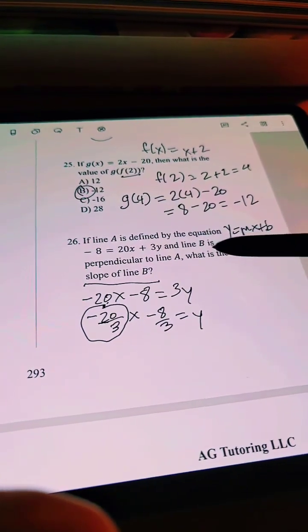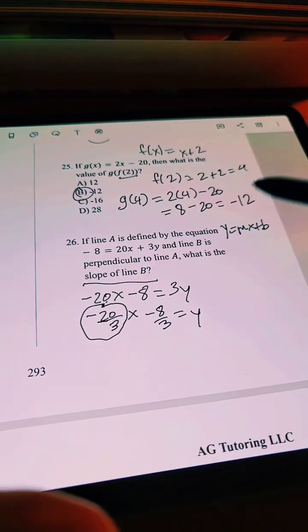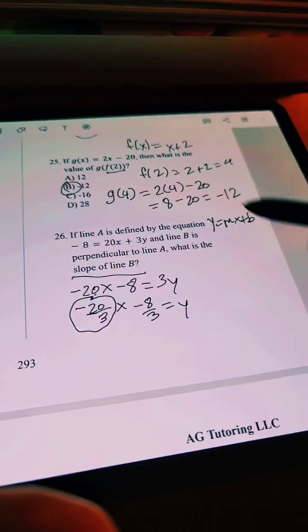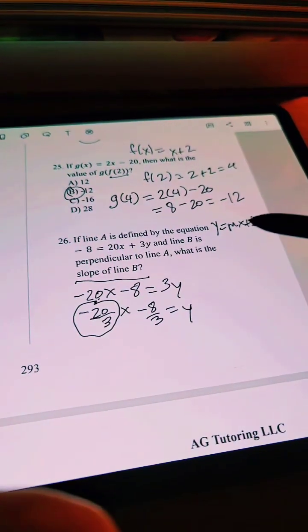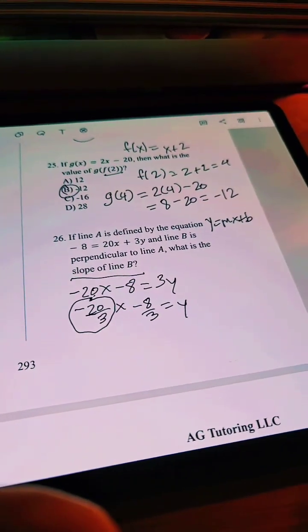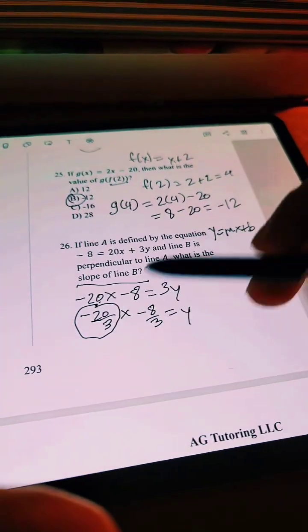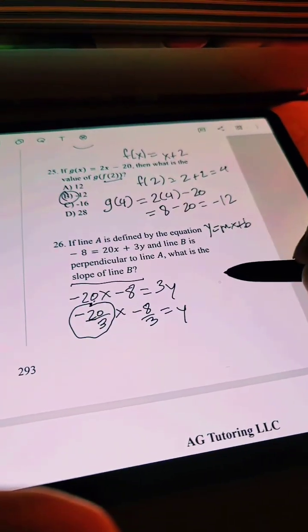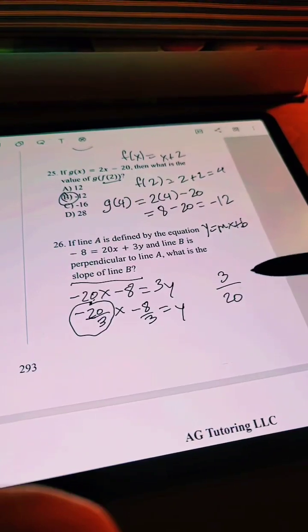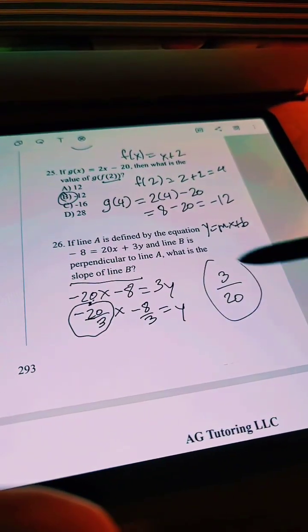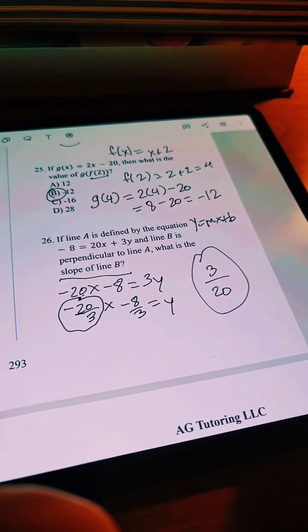So then if I want to find the slope of a line that's perpendicular to this, I have to take the negative reciprocal slope, because perpendicular lines have negative reciprocal slopes to each other. So all that means is I'm going to change the sign, and I'm going to flip it upside down to be 3 over 20. So that's the slope of the perpendicular line.